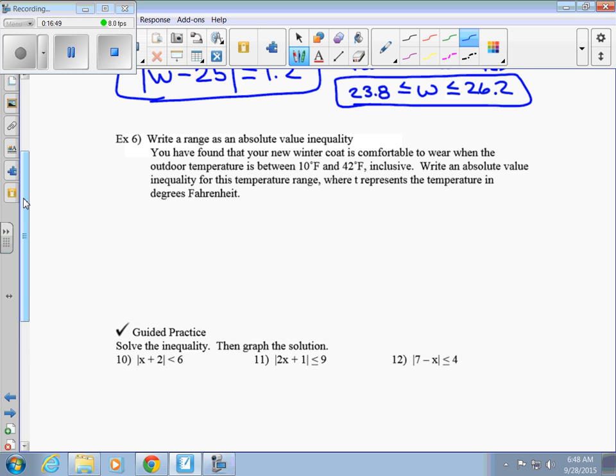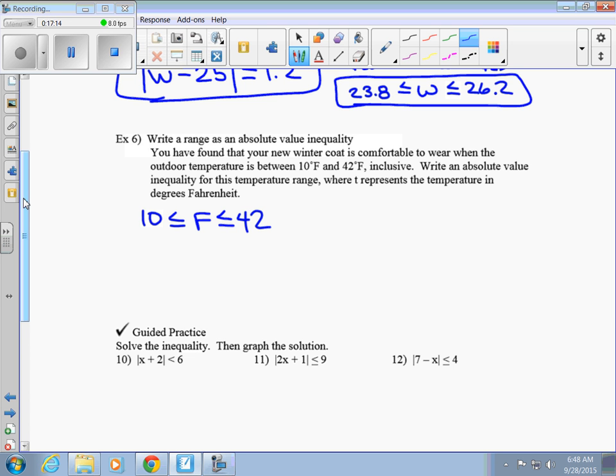So what we're going to do is simply write this. Okay, there's our compound inequality. I know that if it's below 10 degrees, I'm going to be cold if I wear this jacket. And if it's 70 degrees, I'm going to be really hot if I wear this jacket. So here's our compound inequality.